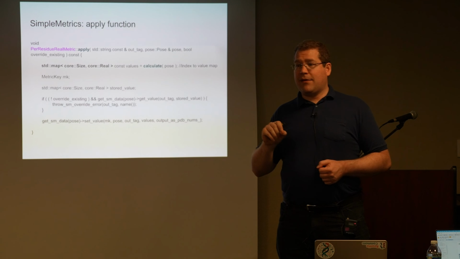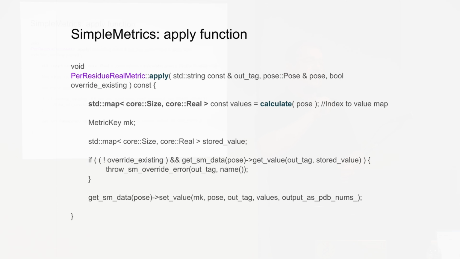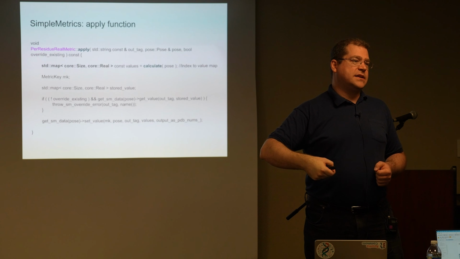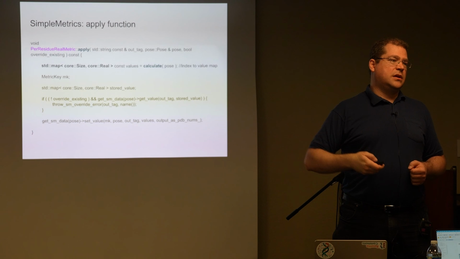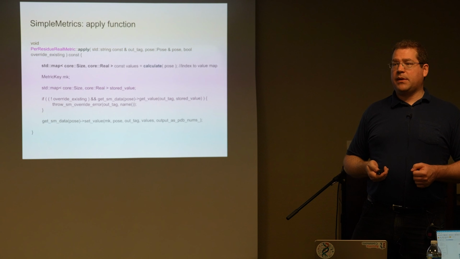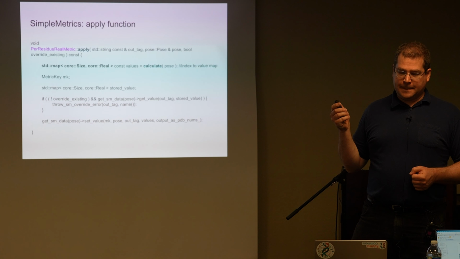SimpleMetrics do have an apply function, but typically speaking, you'll just use the base class version of this, because this is what hooks it into the rest of the XML system, and also running through RosettaScripts. So apply does take a pose, but what it does is it calls the calculate function and then stores that information in the pose, so that when you're running through RosettaScripts, it can be output in the score file later.